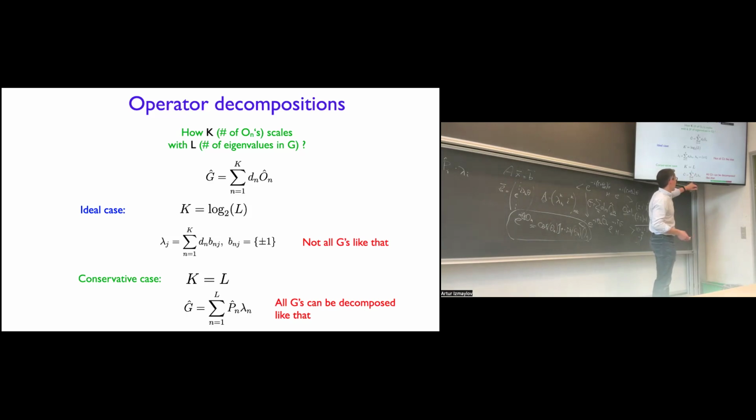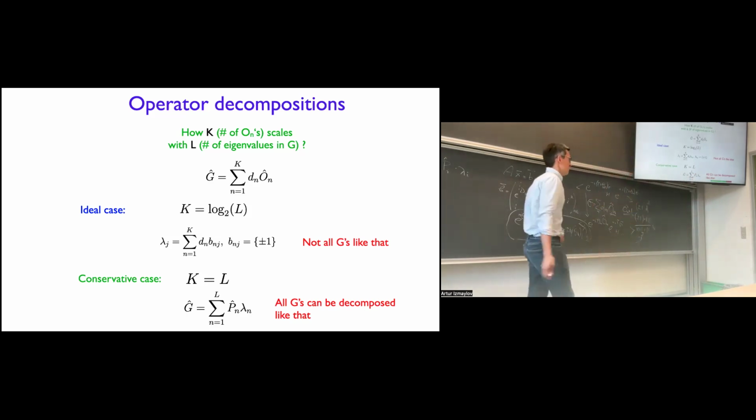So here P is a projector. You can always rely on the fact that if G has L eigenvalues, then you could always use projectors as those simple operators. And projectors, if you want to transform them into reflections, that's what we like to use. If you have a projector, then the eigenvalues of the projector are always 0 and 1.